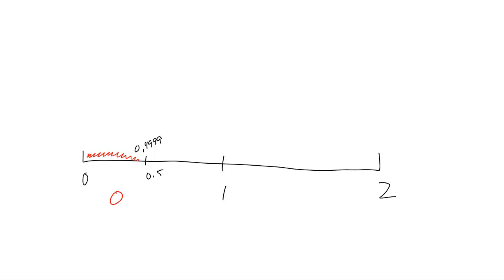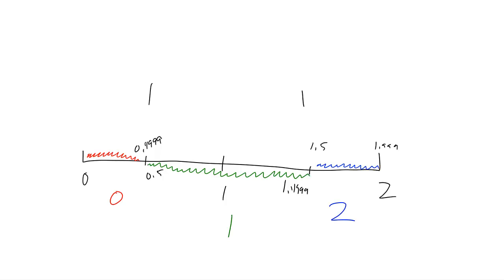If it's from 0.5 to 1.4999, it rounds to 1. And if it's from 1.5 to 1.999, it will round to 2. So in fact, we have a 50% chance of coming up with the number 1 as a result. Only a 25% chance of either 0 or 2. So we'll need another strategy.